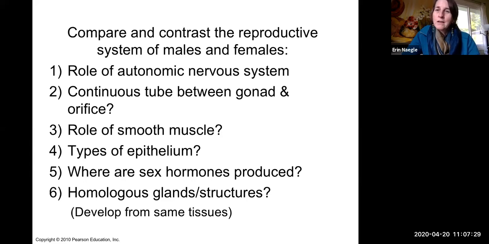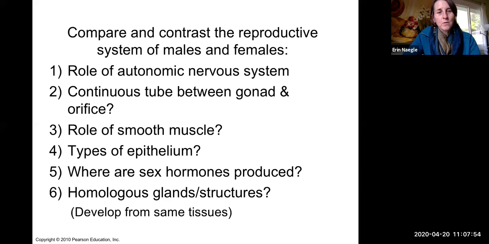When you compare and contrast, which one has a continuous tube between the gonad and the orifice outside the body, and which one has a break in it? And what are some consequences of that? What's the role of smooth muscle in male versus female reproductive systems? And how are the types of epithelium different? And what are the different roles of the epithelium in male versus female reproductive systems?